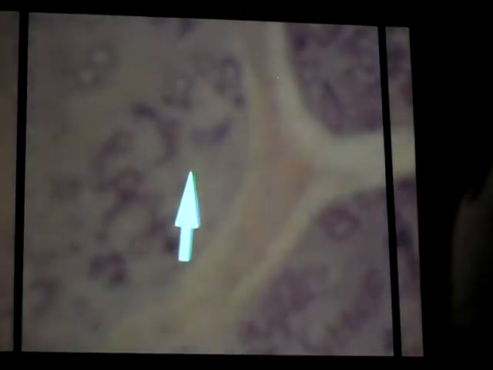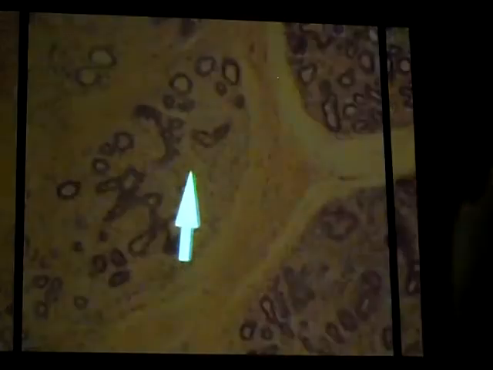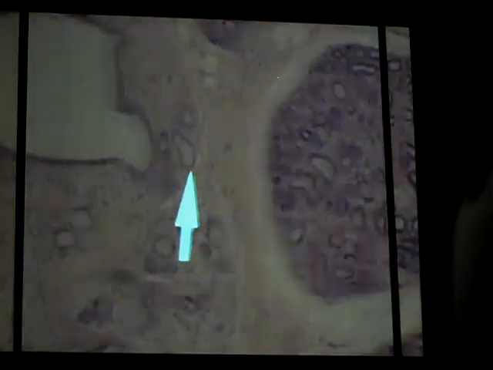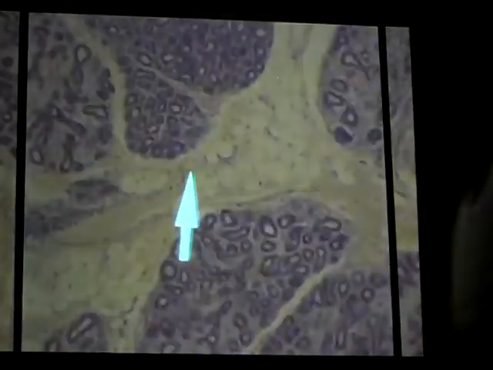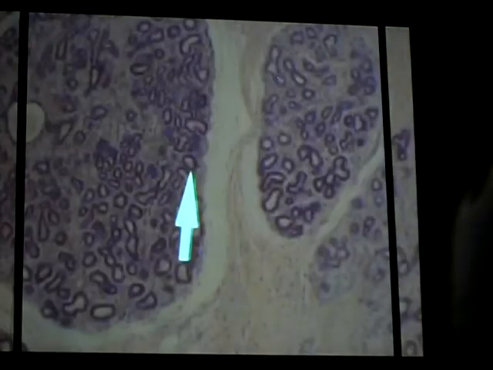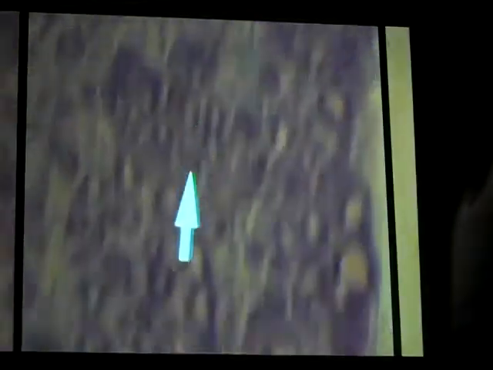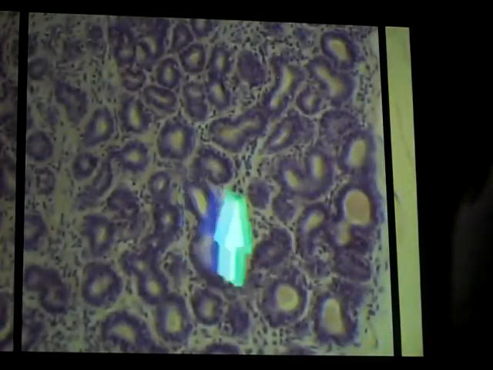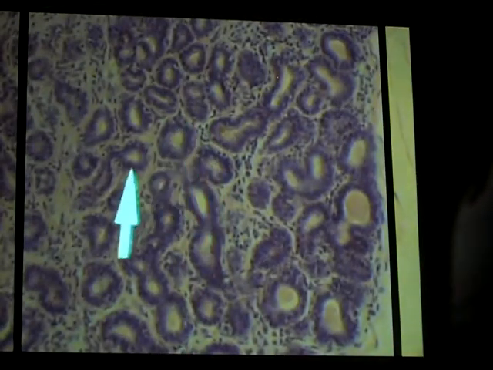Alright, so this is a slide of the mammary gland just to show you the difference with the glands. You'll notice that with these cells, you're seeing a little bit more of a lumen inside the cells.